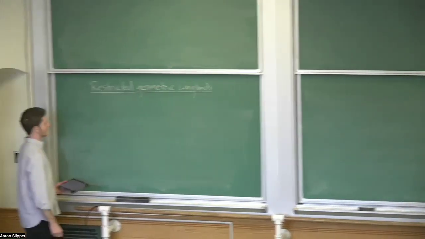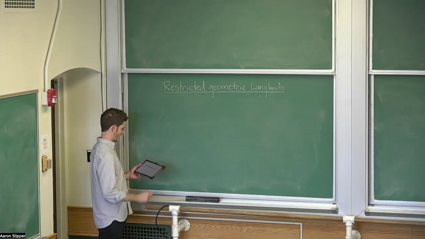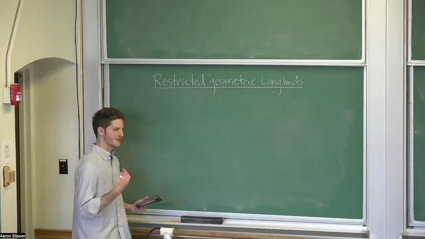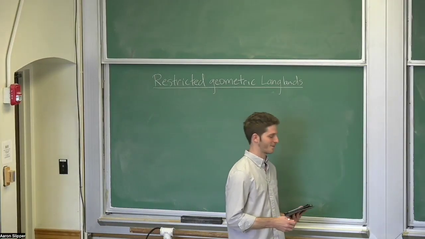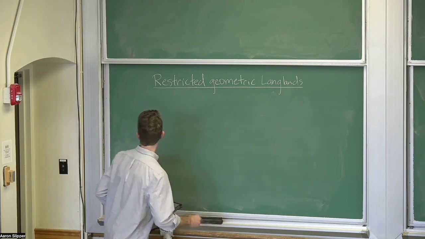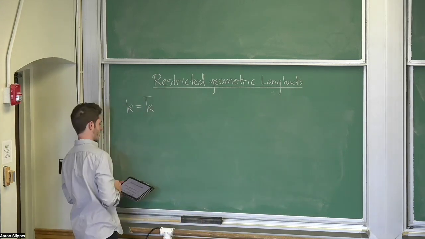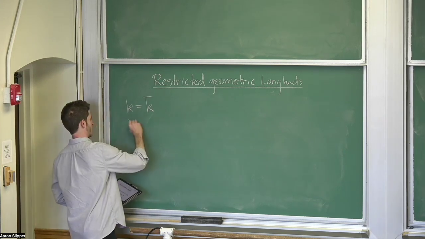I will start off with some notation. Since I'm going to be changing coefficients a lot in this talk, I should probably be careful. For now, K will be an arbitrary algebraically closed field.